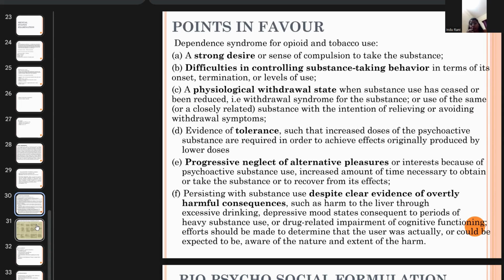He has symptoms of development of tolerance, and he neglects the family and his child due to indulging in the substance, and despite knowing the harmful consequences, he used to take the substance.